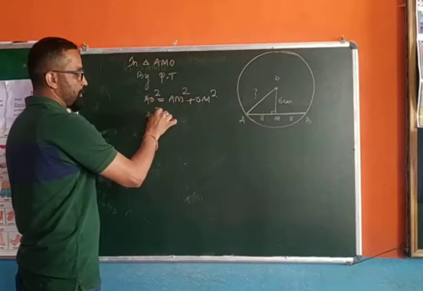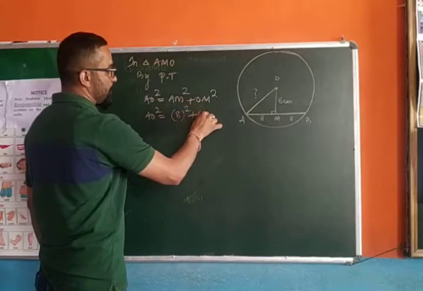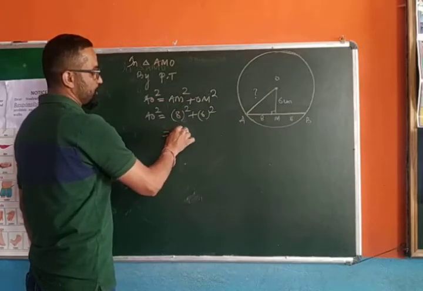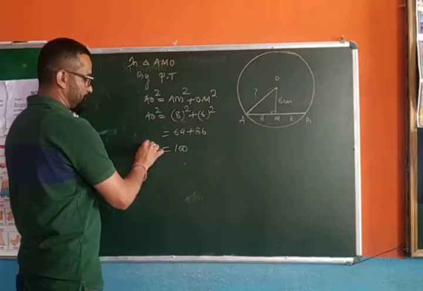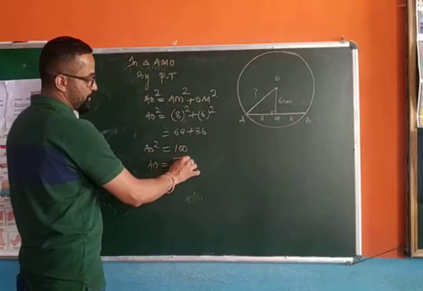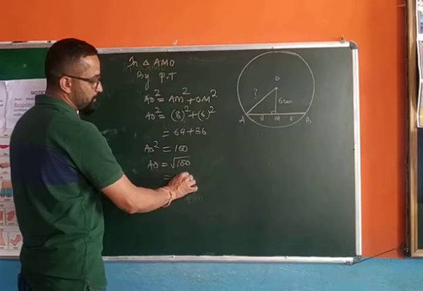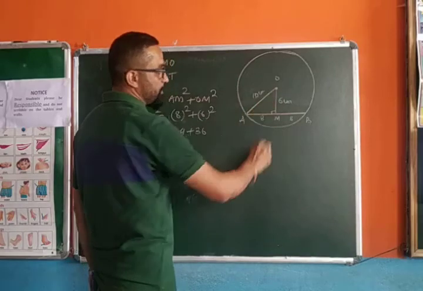AO squared is equal to 8 squared plus 6 squared. 64 plus 36, 100. AO is equal to root 100, which is equal to 10 centimeter. We know the radius of the circle, 10 centimeter.